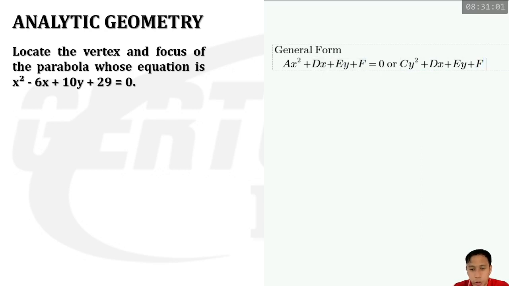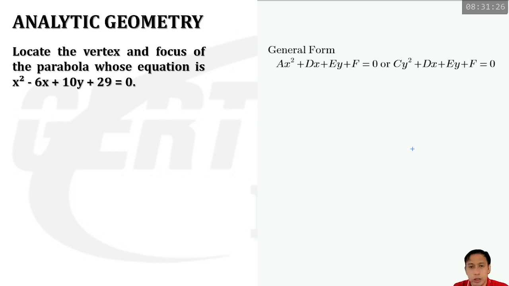Ito yung general equation ng parabola. If x squared, it opens upward or downward. If y squared, it opens to the left or to the right. Dito, we can directly say that it opens vertically, either upward or downward, in this given equation.